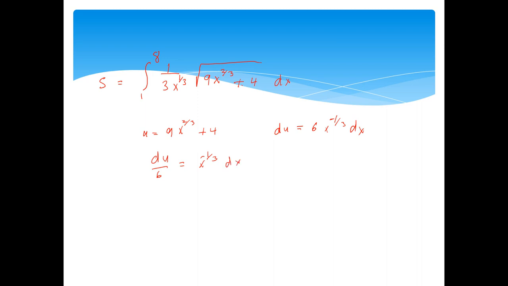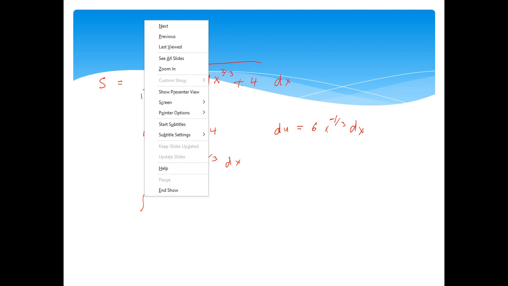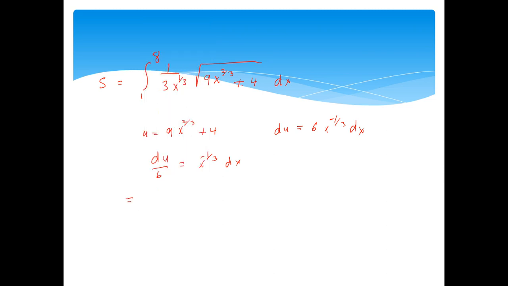So now with substitution we say s is equal to the integral from 13 up to 40 of u raised to power 1/2, du over 6.